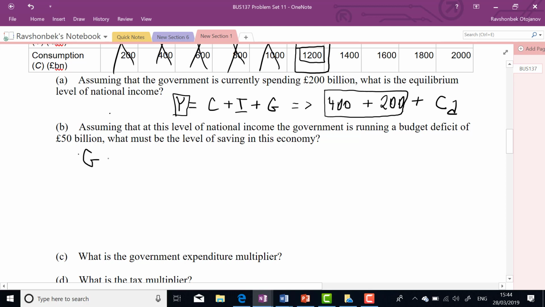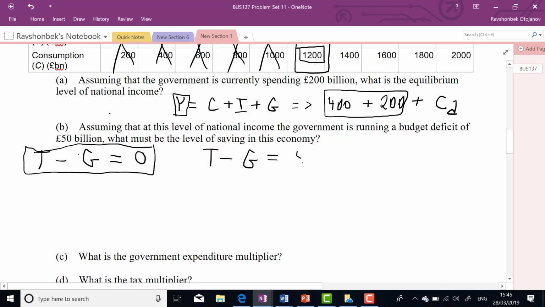G is our expenditure. T minus G is our budget, usually gives us where the budget is in balance or not. We would like to have 0 here. That would be budget balancing. So T equals G. But in this case, T minus G is equal to 50. Now, it says budget deficit.